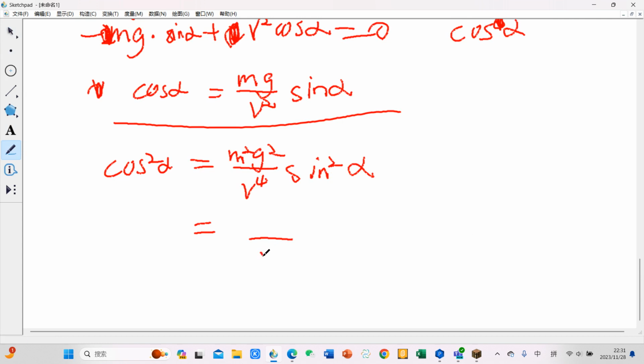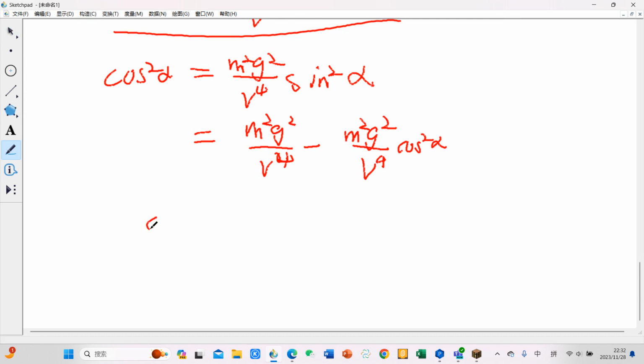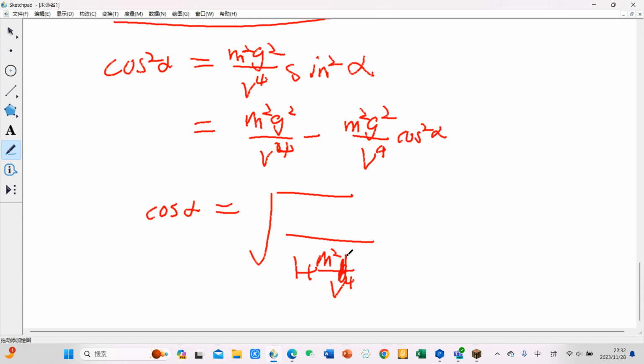And we make it all into cosine. So it's going to be v, it's 4 here, m square cosine square alpha, right? And now we have cosine alpha equal to... okay boy. Oh jeez, v m g, bro, just stop.